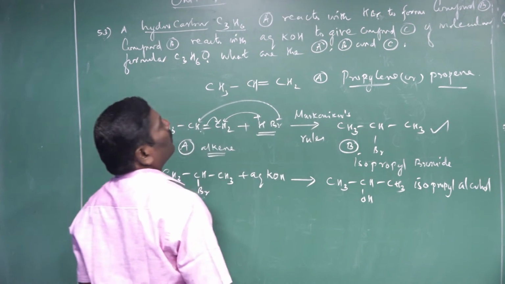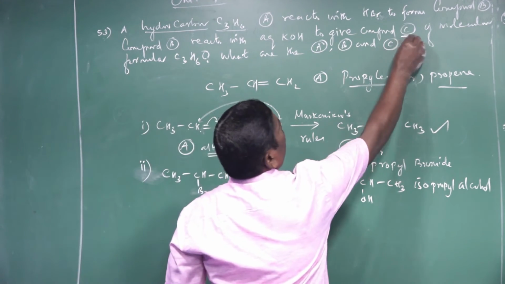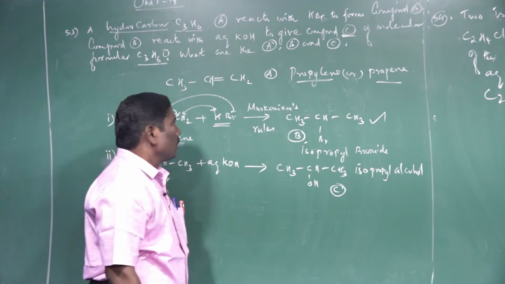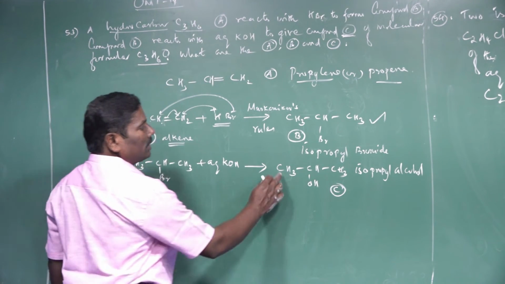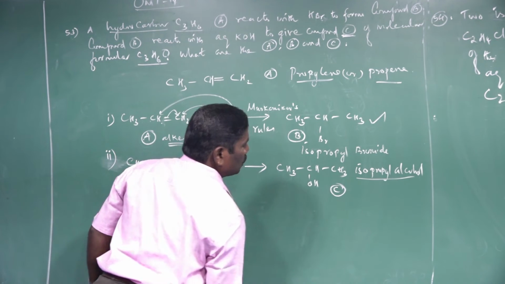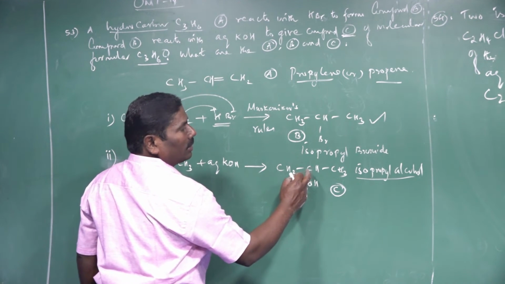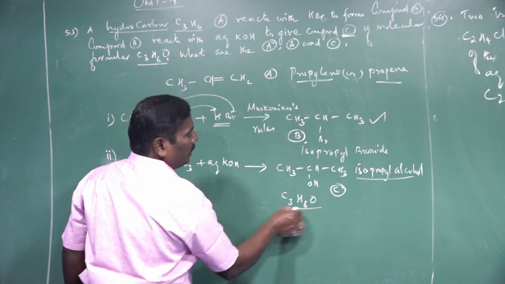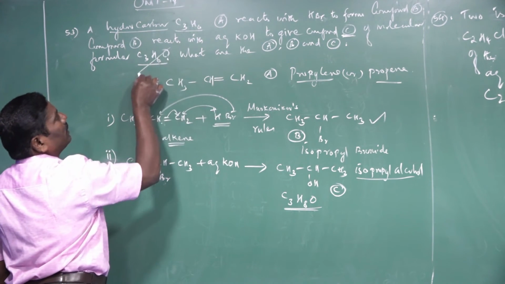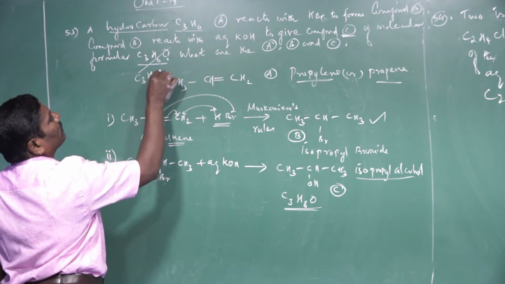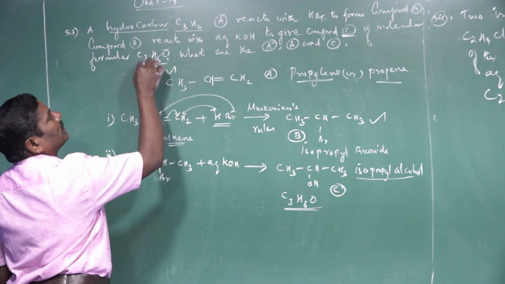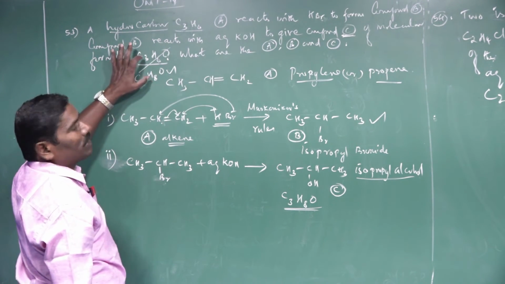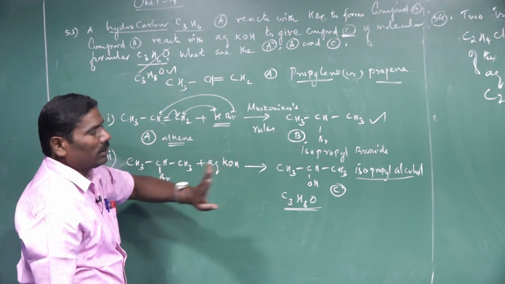Here compound C is isopropyl alcohol. Its molecular formula is C3H8O. In our book C3H6O is given, which is a wrong formula. Please rectify the mistakes in your book. This is the correct molecular formula.